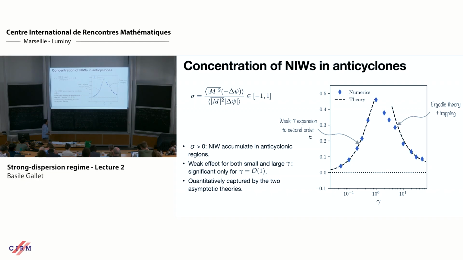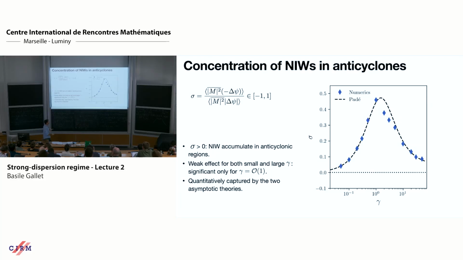And here, I'm not sure if I should show that to mathematicians, but it's a bit frustrating that you can capture the two limits so accurately, but of course for gamma equals 1, you have no asymptotic expansion that holds, and to some extent it's the regime where the phenomenon takes place. So we said, well, maybe we can just cook up a two-point Padé approximant that would coincide with this expansion for weak gamma and with this expansion for large gamma.